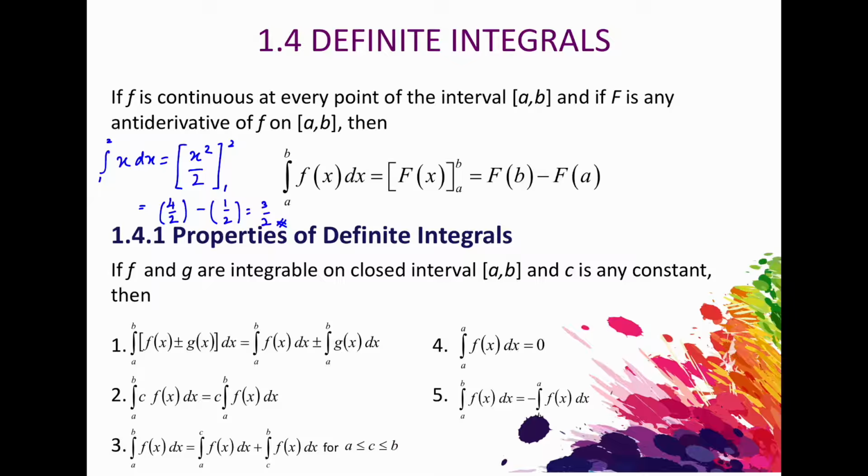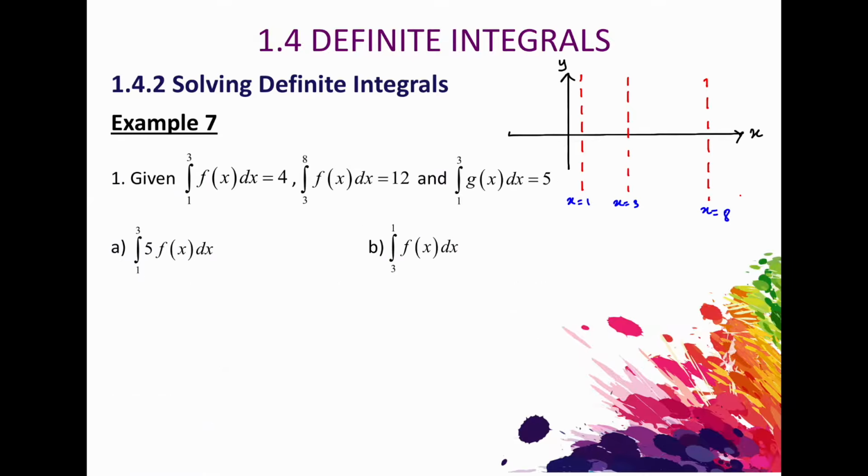And then property number 4, if you integrate something at the same point, which is from a to a, you get 0, because actually a definite integral is the area that you get. So that's why it's 0. And then property number 5, the integration from b to a is equal to the negative of the integration from a to b. Now we're going to solve some definite integrals.